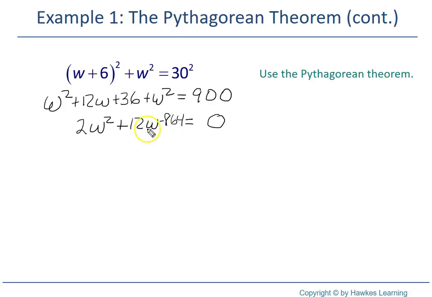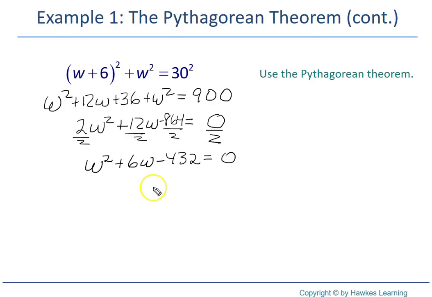Now notice they're all even, so we can divide everything by 2 to make our numbers smaller here. And this gives me w squared plus 6w minus 432 equals 0.